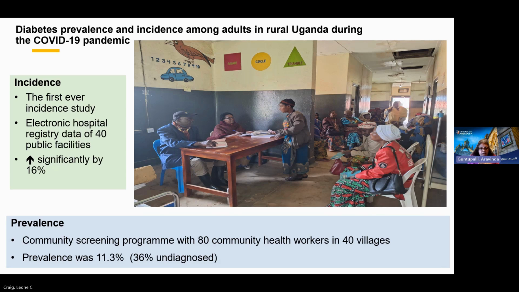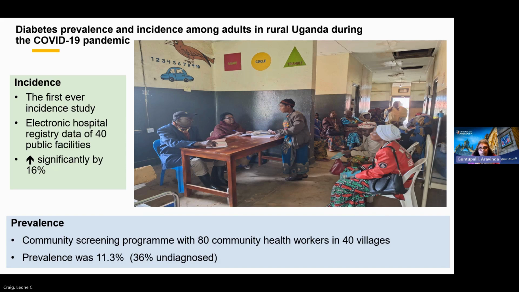So to strengthen the primary health setting, in 40 villages we took community health worker support, 1 male and 1 female. With 80 community health workers in 40 villages, we were able to cover the whole village and calculate the prevalence of diabetes during the pandemic.